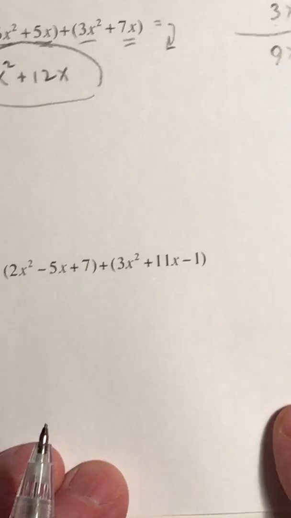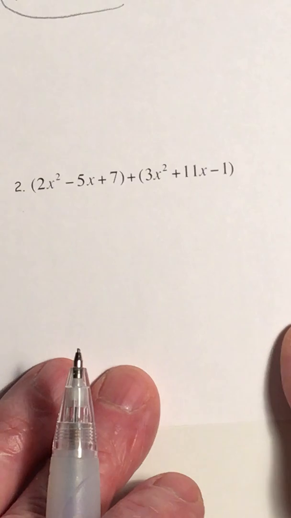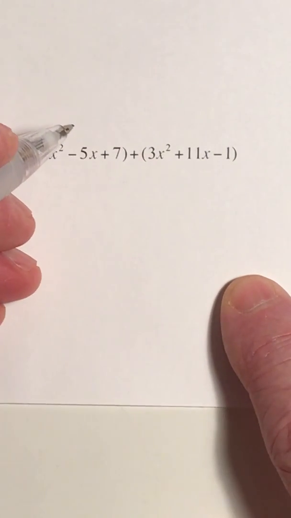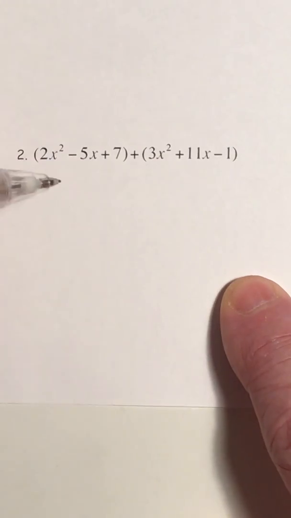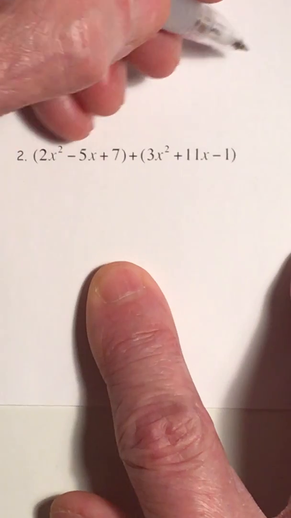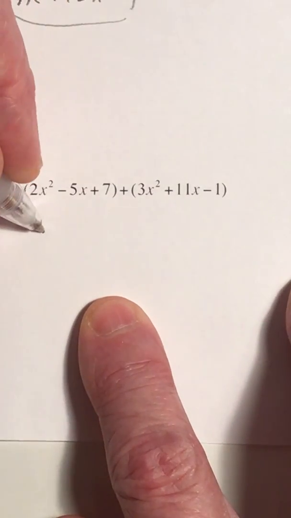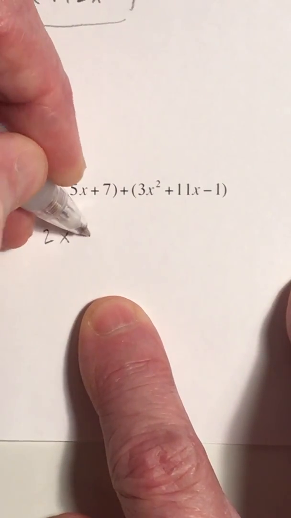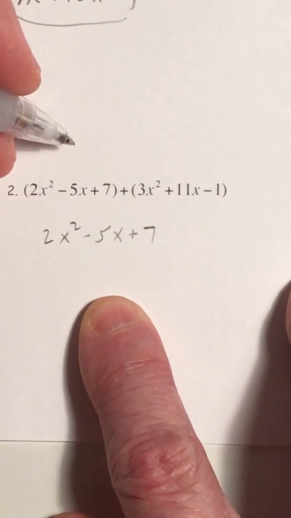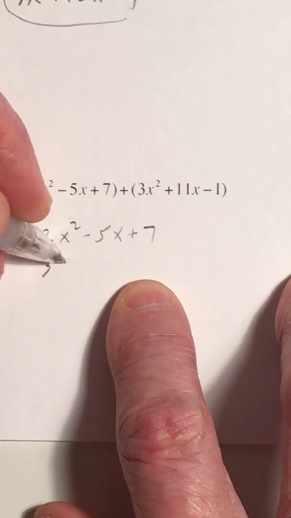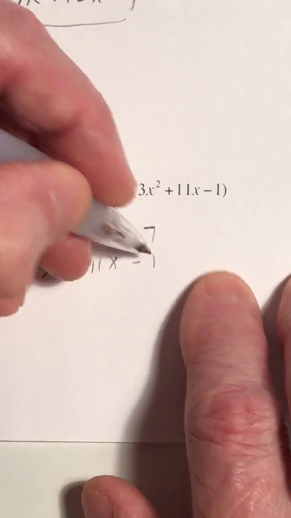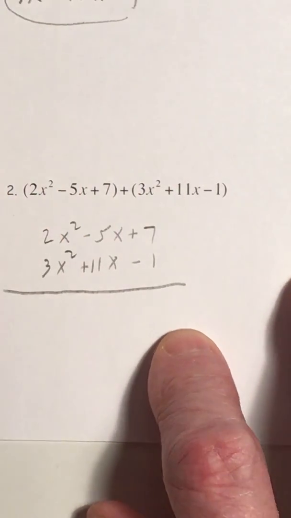So try this one, and then we'll stop the camera and do a separate video for the next page. So let me do this vertically. I'm going to write it 2x squared minus 5x plus 7, and then right underneath, x squared under the x squared, the x's under the x's, and the integer under the integer.